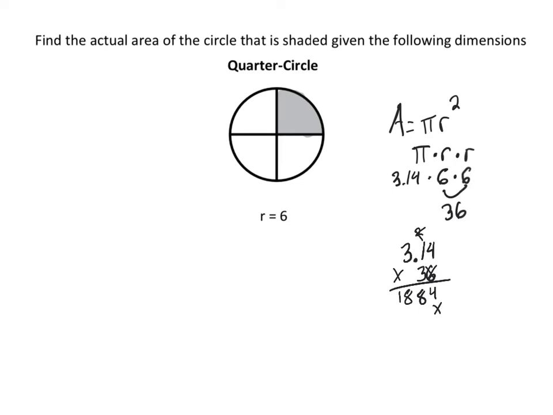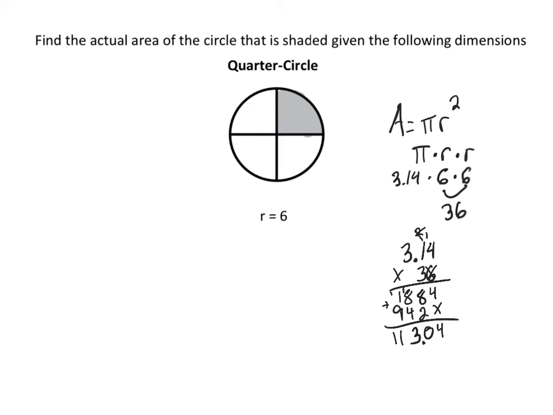Add an x for place value. 3 times 4, 12. Carry the 1. 3 times 1 is 3, plus 1 is 4. 3 times 3 is 9. Now we add up. We get 4, 10, plus 1. That's 12, 13. Carry the 1, 10, 11. There's 2 decimal places, so we have to add 2 decimal places to our answer. So we get 113.04.